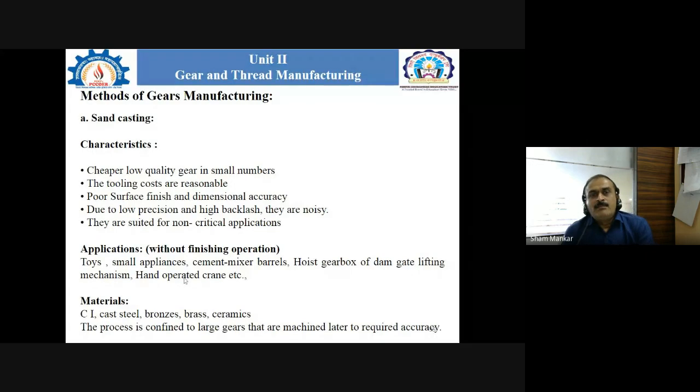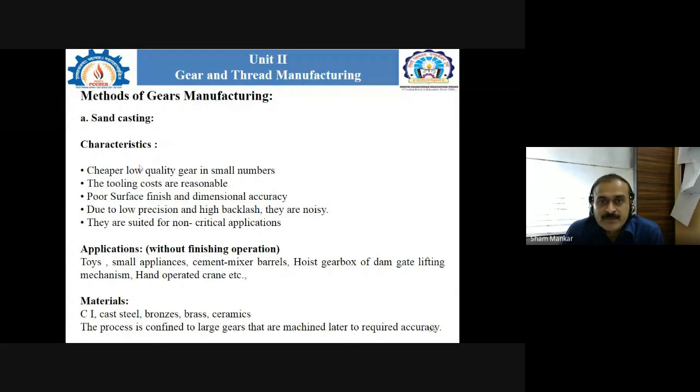But again, one must understand some of the characteristics of the sand casting process, which we must know when differentiating between the different casting processes for making gears. There are some unique characteristics.